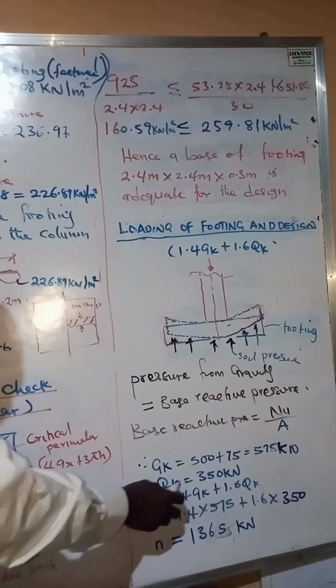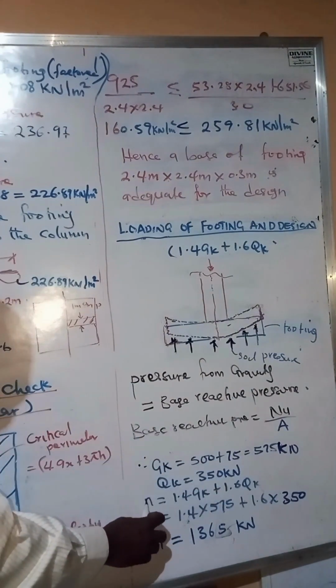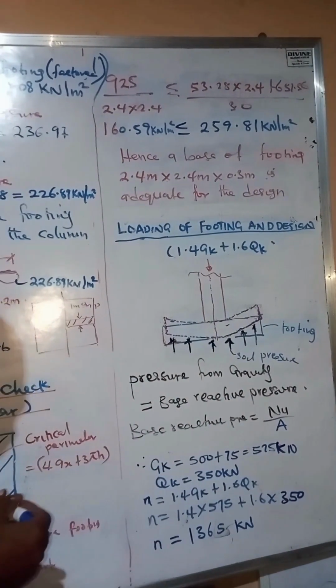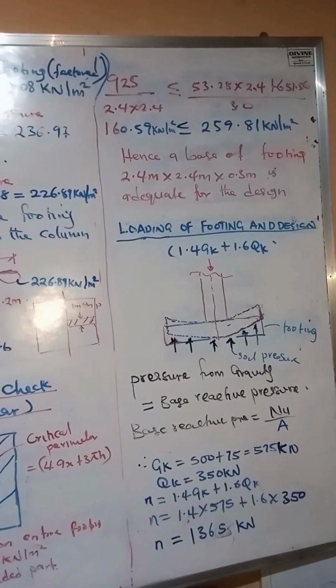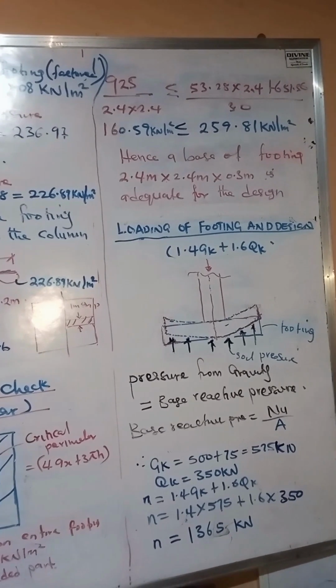All right. Total live load is 350. So the total ultimate load is 1,365 kilonewton. All right. So having gotten this total ultimate load, we are going to look for the pressure, the surface area the load is acting on, which is the surface of the footing, which is 2.4 by 2.4 meters.